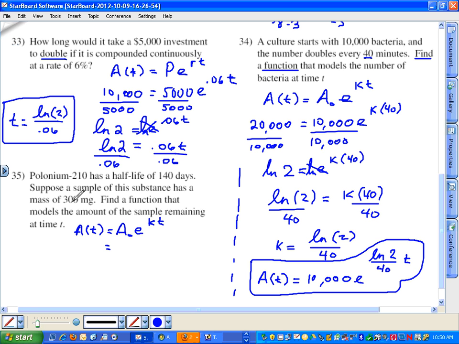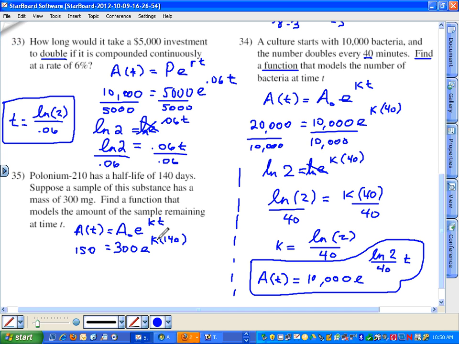That's going to involve finding our k value because they didn't tell us. So let's see, we have an initial amount of 300 milligrams times e to the k t. We don't know k, that's what we're solving for initially. Now we know that after 140 days, which is a time value, there's going to be half of the substance remaining, so this is 150 milligrams after 140 days.